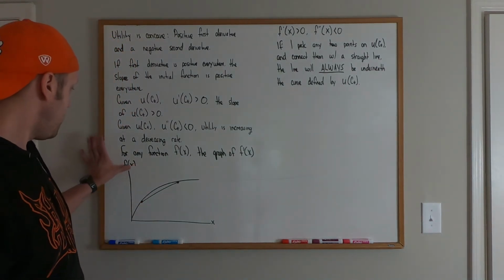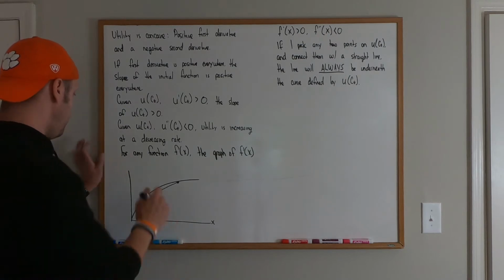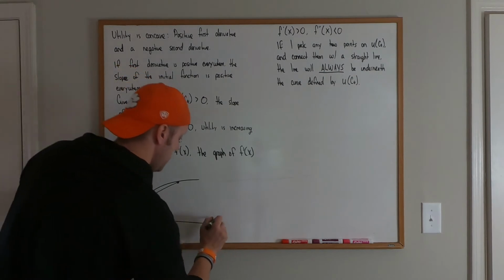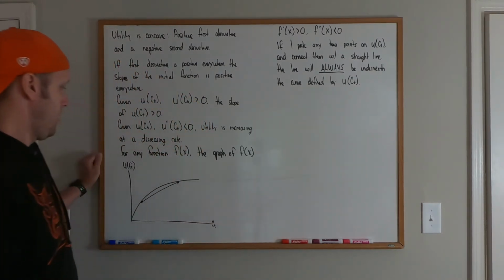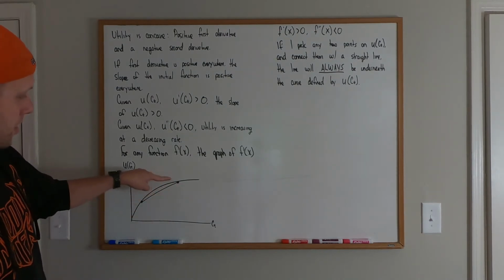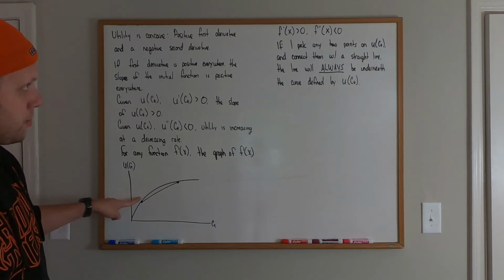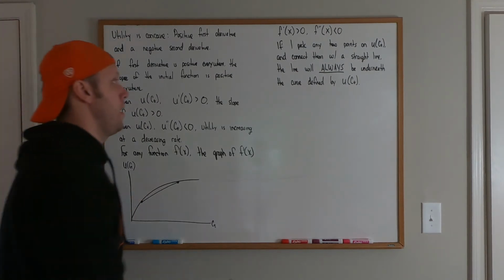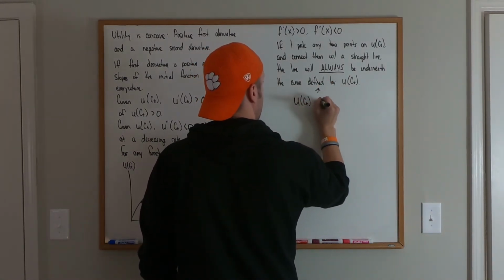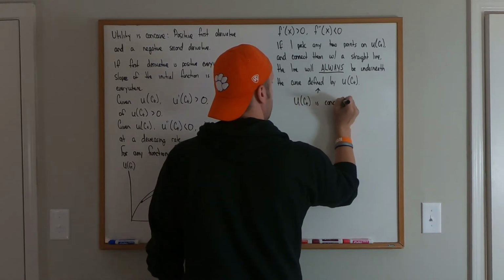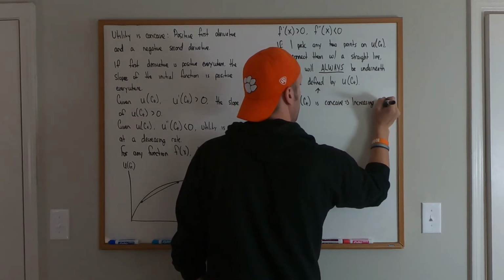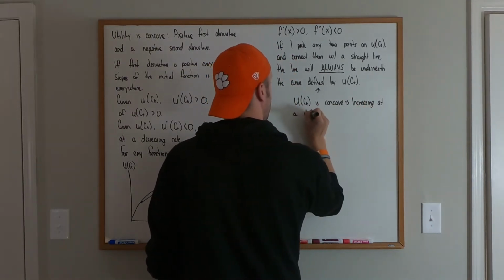All right, so if I just switch out this f of x with u of ct, this x, obviously with ct, well, the line that connects them falls underneath the curve on the function. That makes it concave. So if this happens, it's concave, and it's increasing at a decreasing rate.